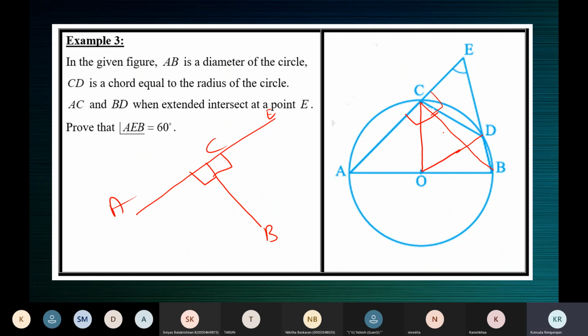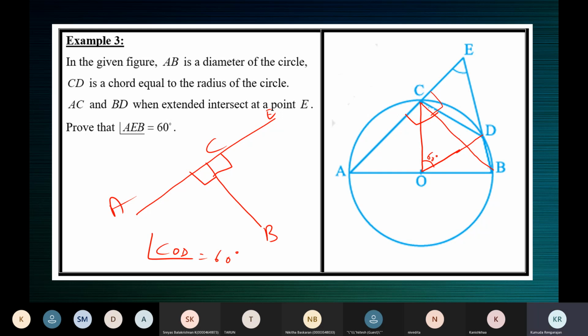Okay, so that is one part. Now, each angle of this triangle is 60 degrees, because each angle in an equilateral triangle measures 60 degrees. So that means angle COD is 60 degrees. Which arc subtends angle COD?